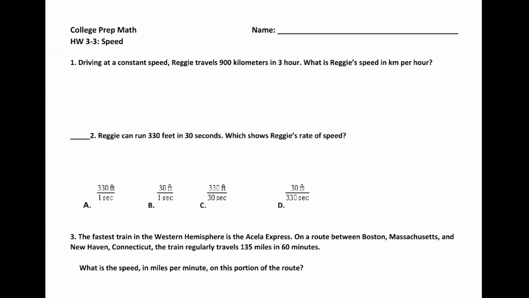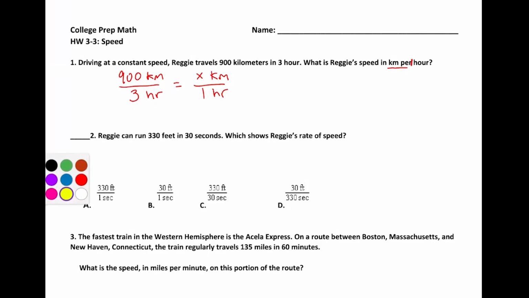We're going to set up a proportion that compares the kilometers to hours, 900 kilometers in 3 hours. We want to say that rate is equal to how many kilometers in 1 hour, right? We want to know what's the speed in kilometers per hour. It doesn't specifically say 1, but if it doesn't ever say, it's going to be a 1.